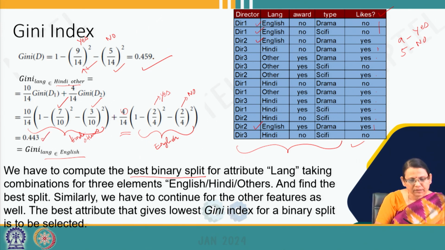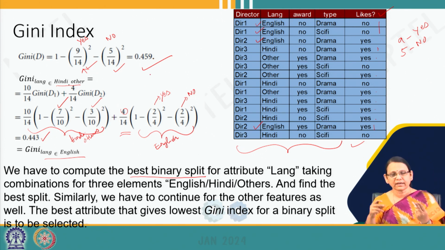Similarly, how many binary partitions can you make? Taking Hindi and others against English is one, English and others against Hindi is another, and Hindi and English together against others is another. So, similarly we can make 3C2 combinations. For all combinations we find the Gini value and the best split we consider. Similarly, for other attributes also we find the best split.